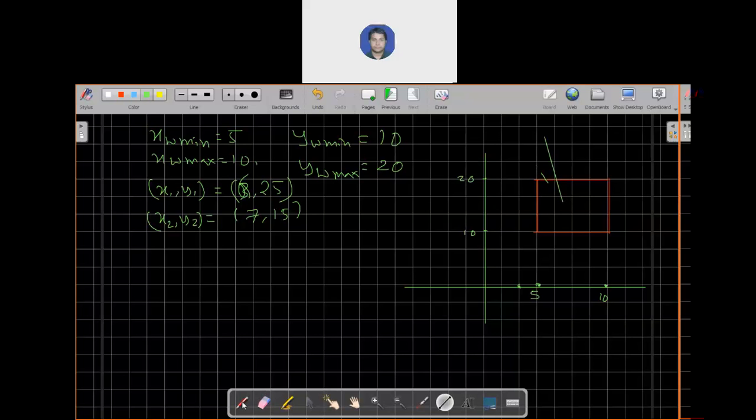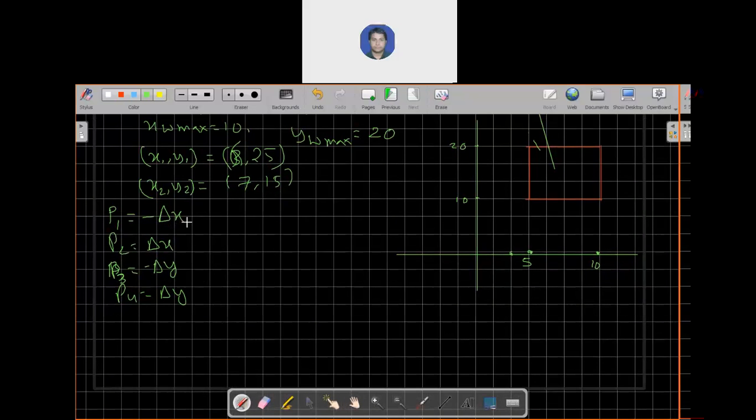Just find the values of p1, p2, p3, p4, and q1, q2, q3, q4. If you remember, the equations are: p1 is minus delta x, p2 is delta x, p3 is minus delta y, and p4 is delta y. Delta x means x2 minus x1.